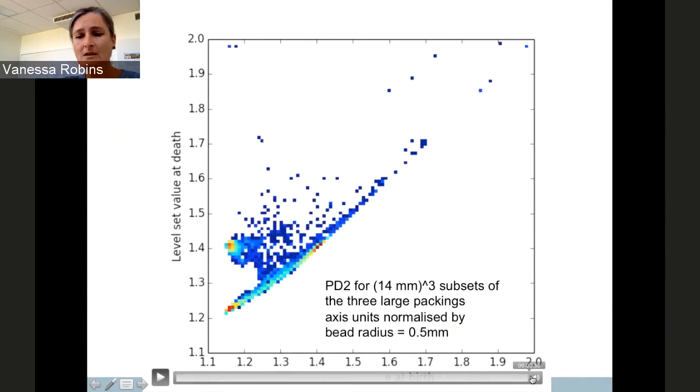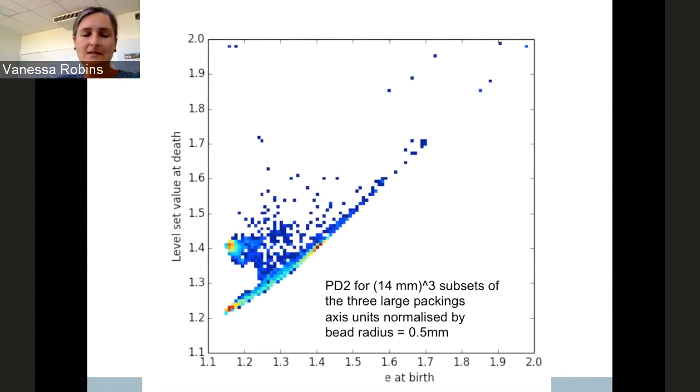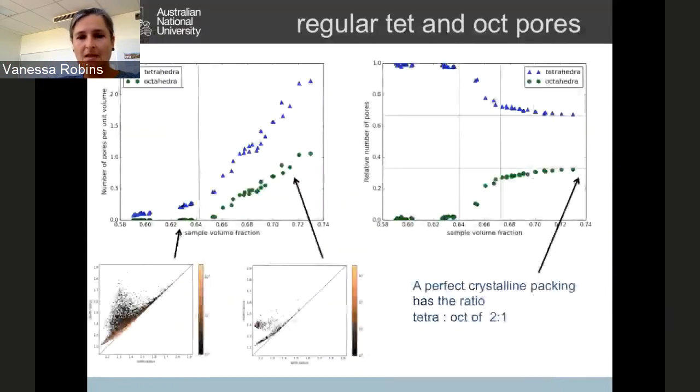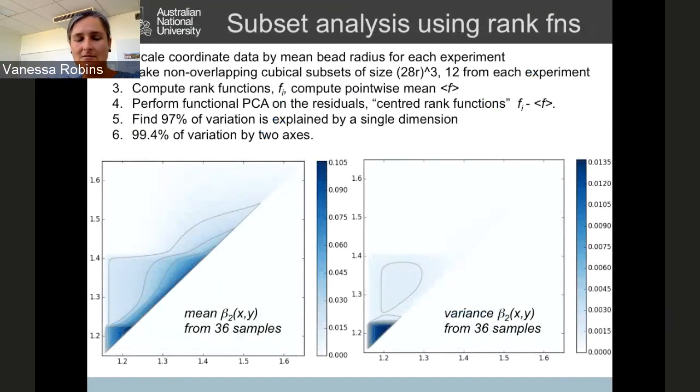Okay, so we want to analyze these in a more statistically rigorous fashion. Oh, hang on, I've gotten out of sequence. All right, sorry. So we're going to try and analyze this data in a more statistically rigorous way. There are lots of different ways people are developing at the moment to do statistical analysis of persistence diagrams.